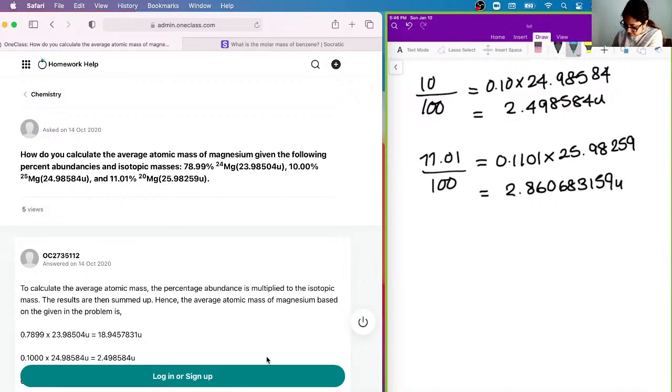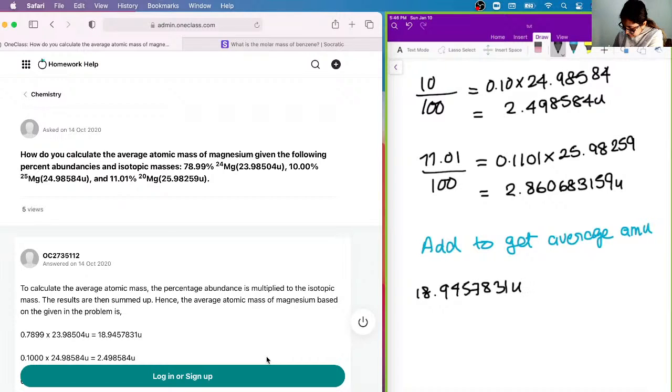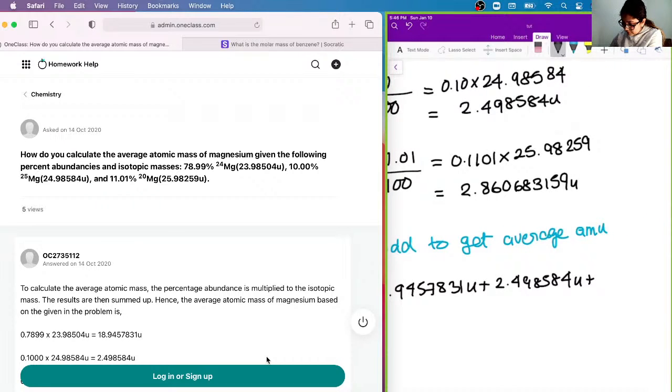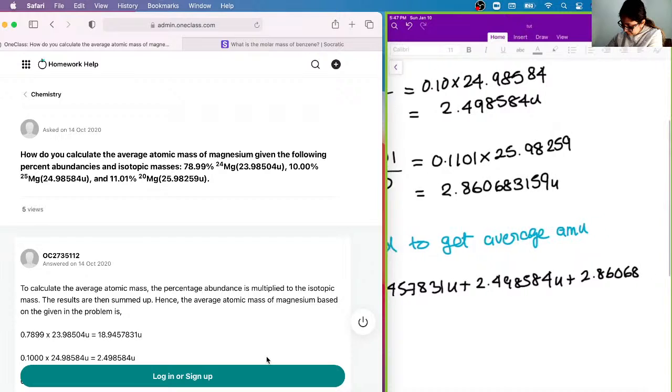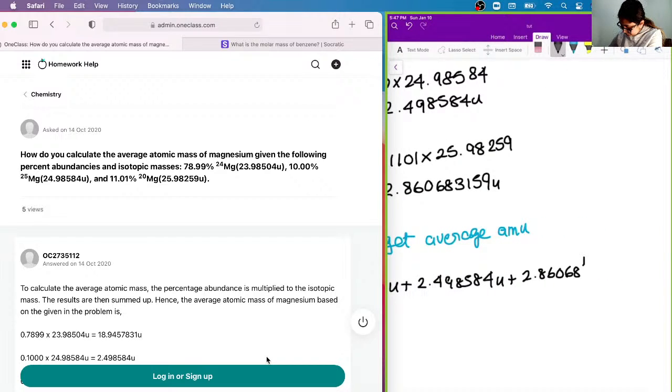Okay, so we add 18.945783 plus 2.498584 plus 2.860683159.